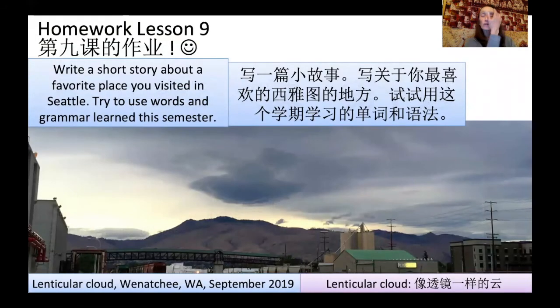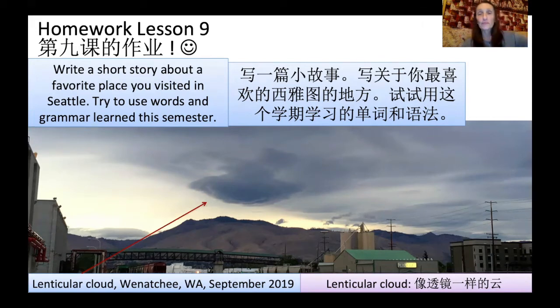Okay, so here's the slide about the homework for lesson 9, 第9课的作业. And also, if you see on this slide, is the picture of this cloud. This cloud is called 叫做这个云，这种云叫做 lenticular cloud， 因为看起来像一个镜头 a lens, like a lens.